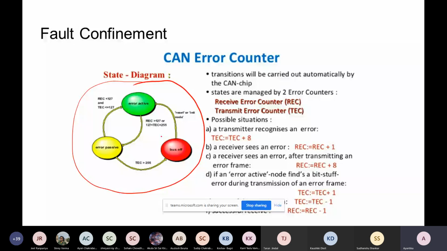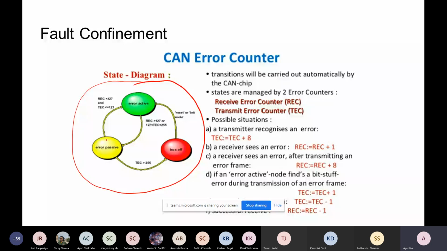Error active means the node identified that some error occurred and it is sending the error frame. Error passive means the node identified that some error occurred, started sending error frames, but after some time it stopped.